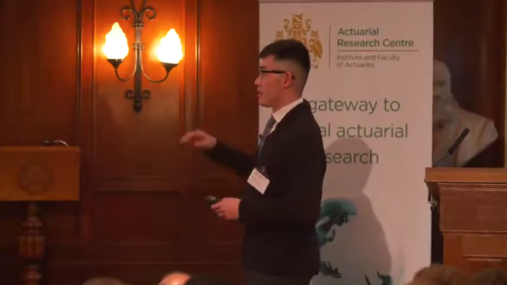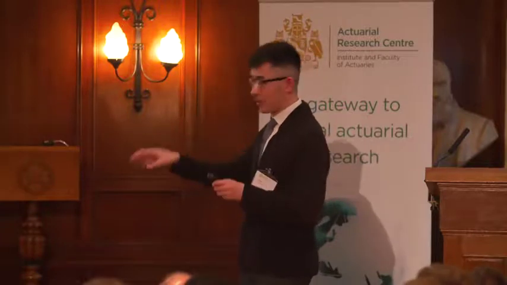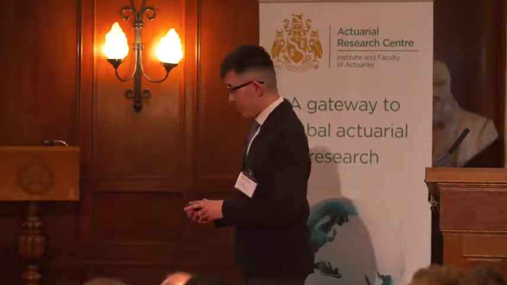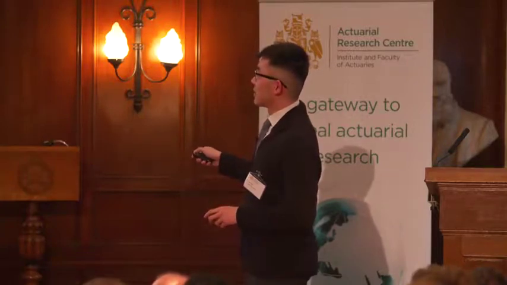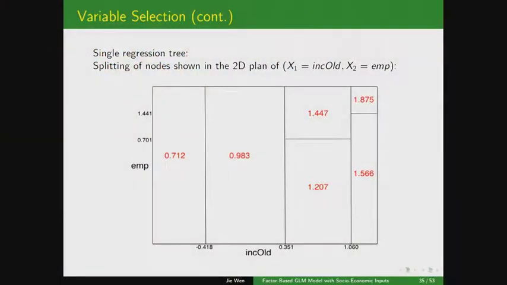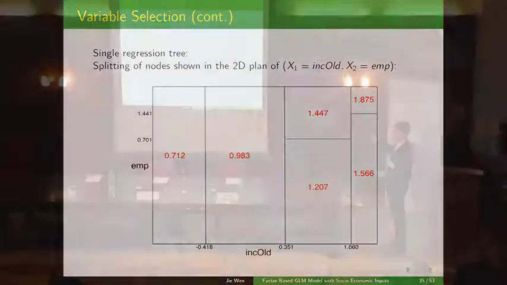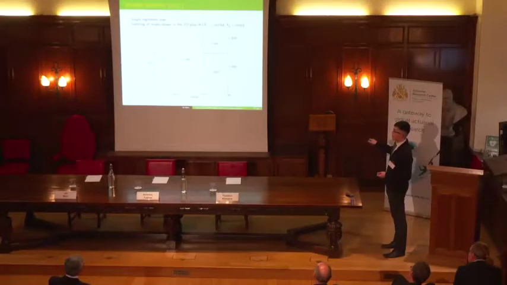Then we search again for a further split, and we have found a split according to another predictor, which is employment. Here are 2 further splits. Up to now, we have hit the stopping criteria, and the algorithm stops. For each of the distinct areas, the LSOAs in a specific area will have exactly the same y hat, which is the average over all of the LSOAs in that area.